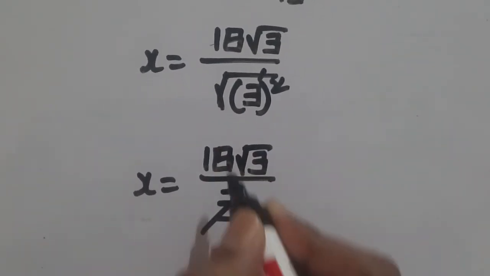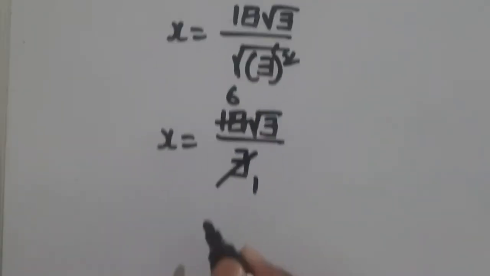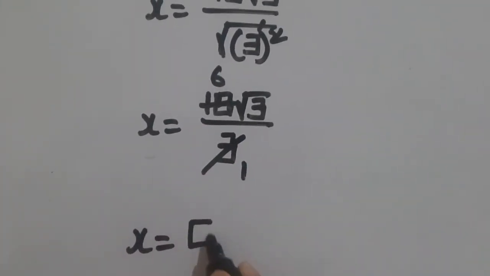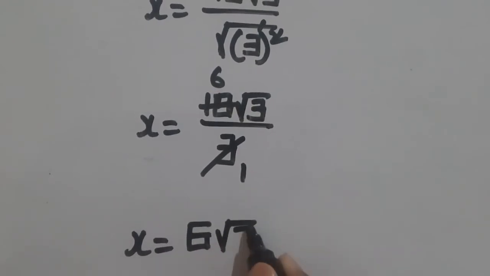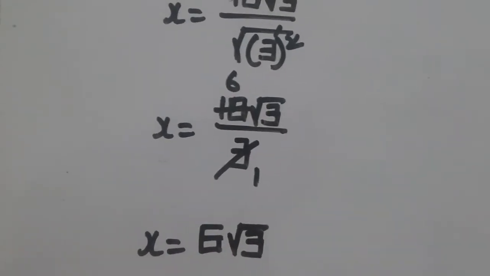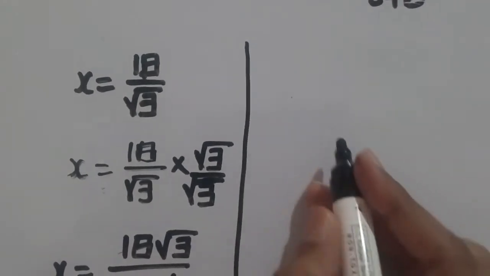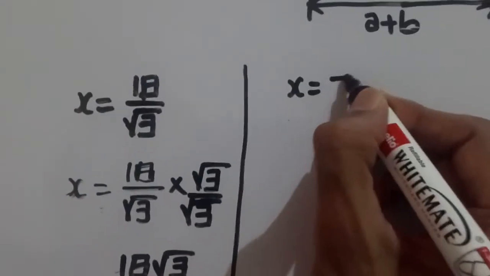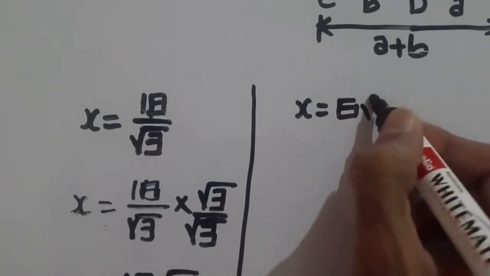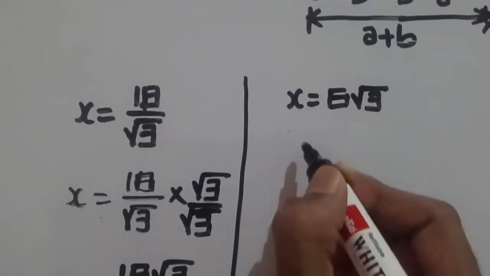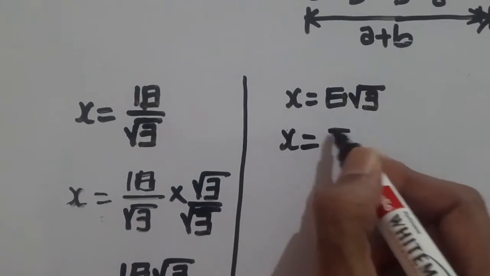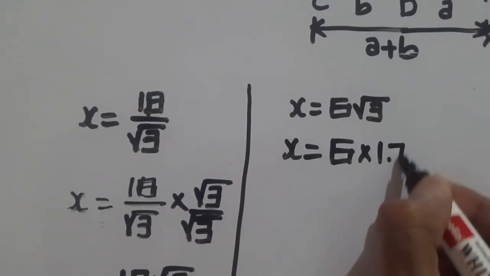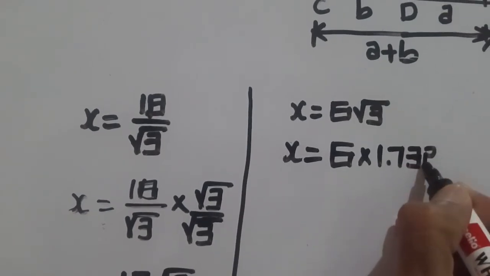Now cancel by 3: 3 ones are 3, 3 sixes are 18. Now X is equal to 6 into root 3. Therefore X is equal to 6 into root 3, with the value of root 3 being 1.732.